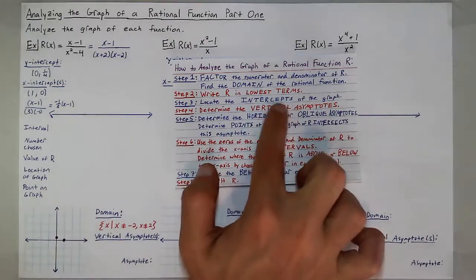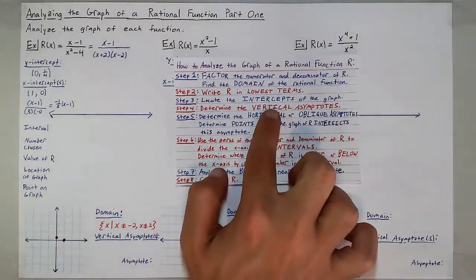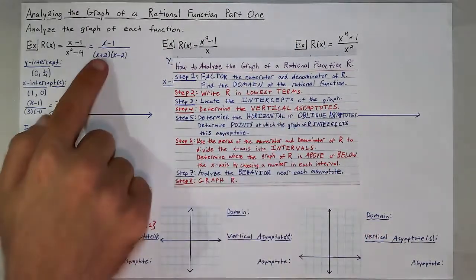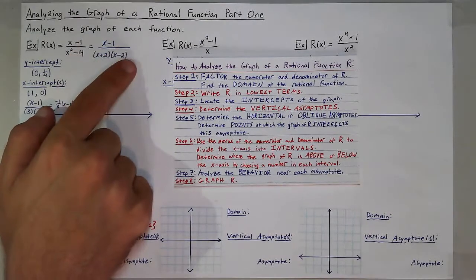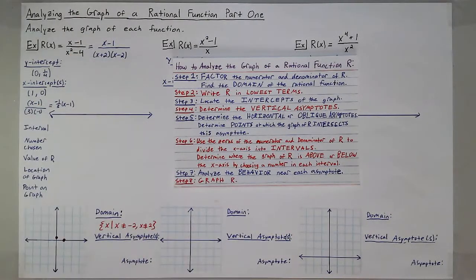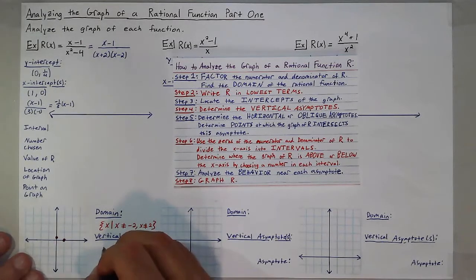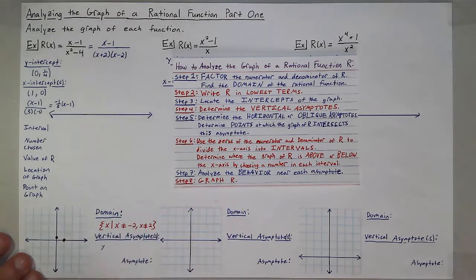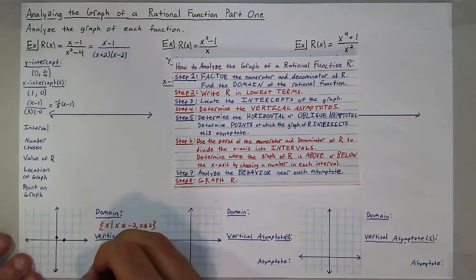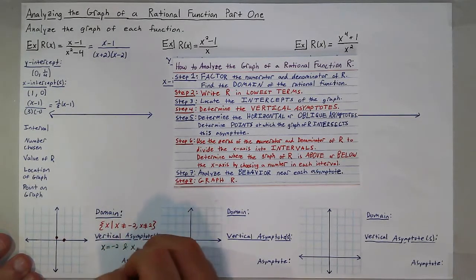Now that you found all of your intercepts, let's determine the vertical asymptotes, which is after you simplified it, each factor in your denominator set equal to 0 represents a vertical asymptote. So in this case, I have a vertical asymptote at x equals negative 2 and x equals 2.